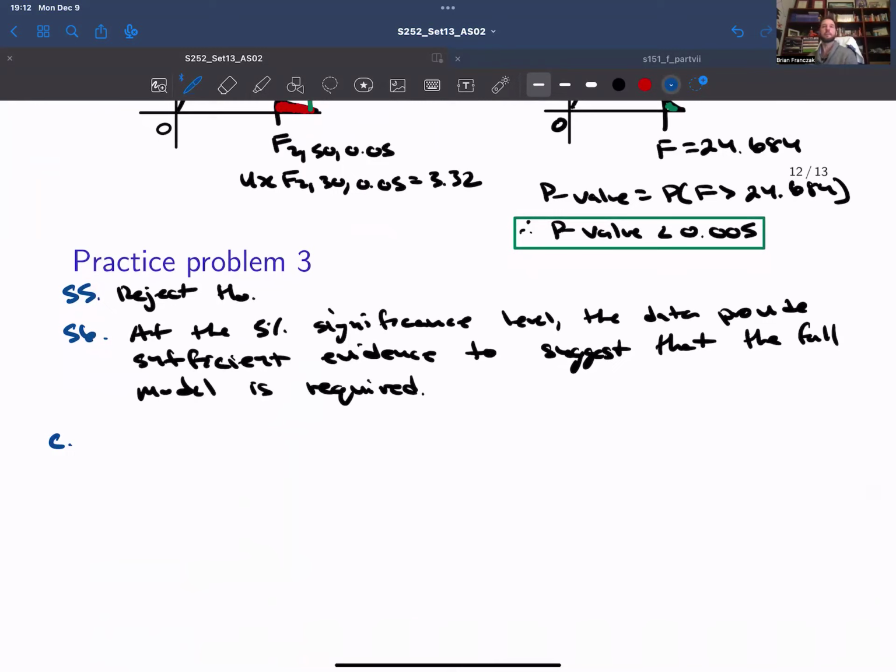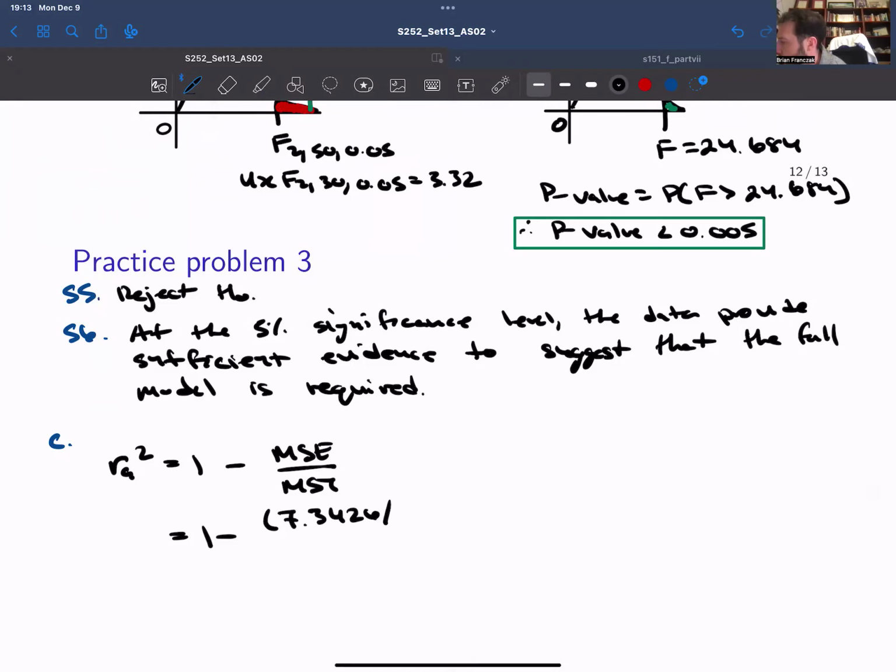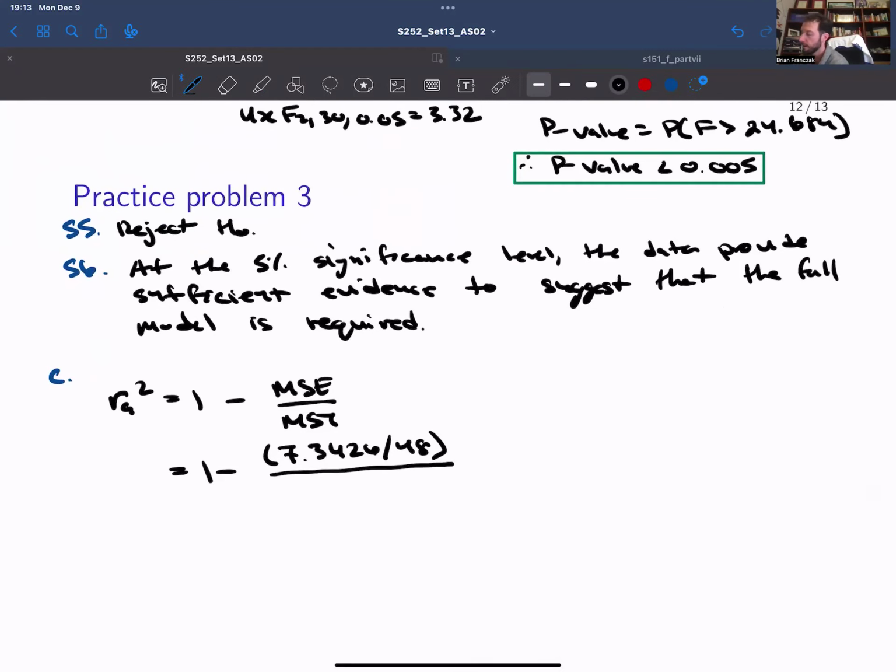Okay, part C asks for us to compute the adjusted R squared for the larger model, for the full model, and then if it supports the conclusion in B. So we're going to have R squared adjusted is 1 minus MSE over the MST. This is going to be 1 minus 7.3426 over 48. So I'm using SSE divided by DFE to get the MSE.